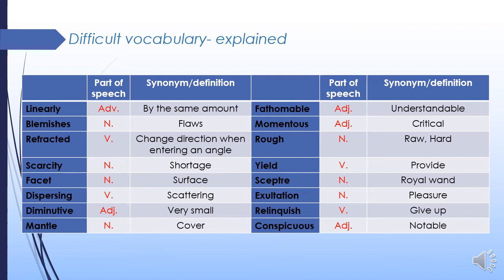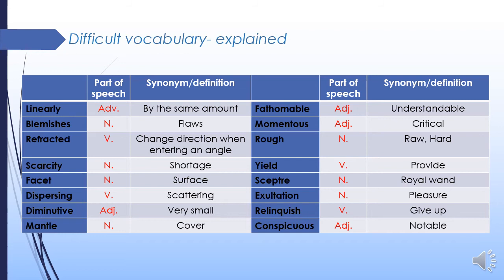Rough here is used as a noun and it is the raw, hard material before it is cut into the diamond that is regularly shaped. Yield is a verb. In this context, it means provide.